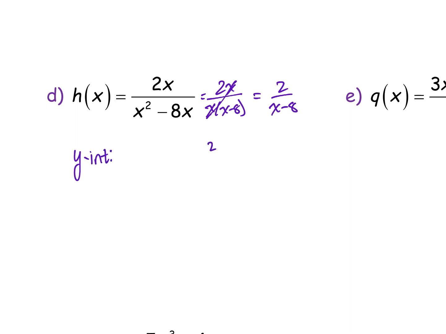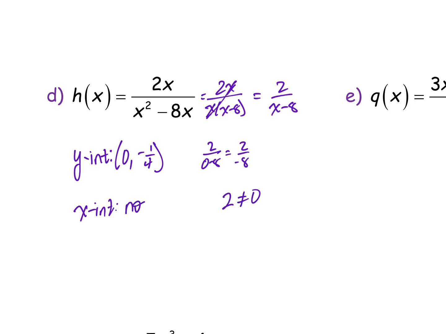I get 2 over 0 minus 8, or 2 over negative 8. So that's going to be 0, negative 1/4. And then my x-intercept, 2 cannot equal 0, so I have none. Right?